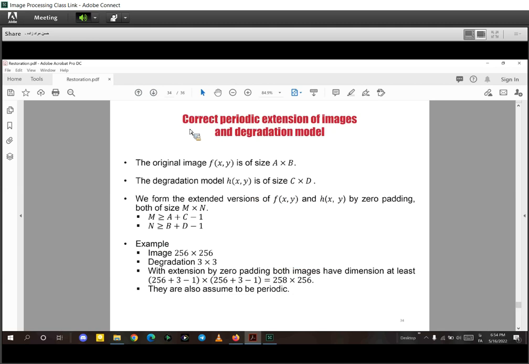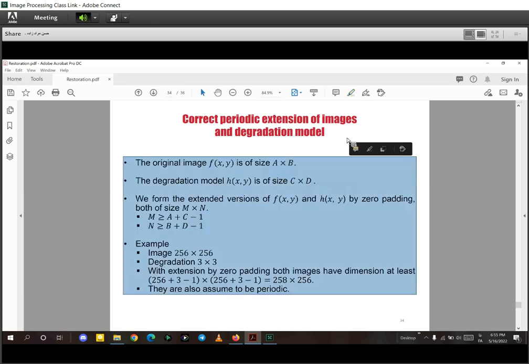The original image F is of size A by B. The degradation model H is of size C by D. We form the extended versions of F and H, F_AE and H_AE, by zero padding both of them to size M by N, and we said M is larger than or equal to A plus C minus 1, and N is larger than or equal to B plus D minus 1.